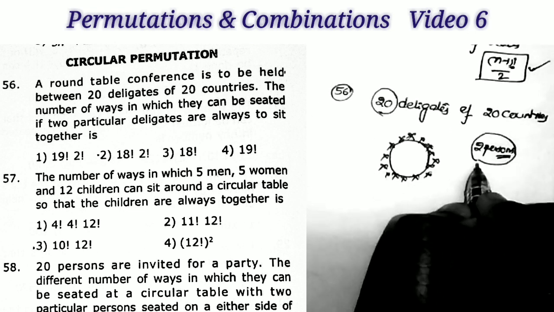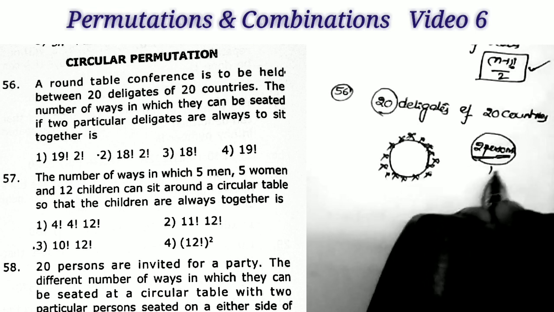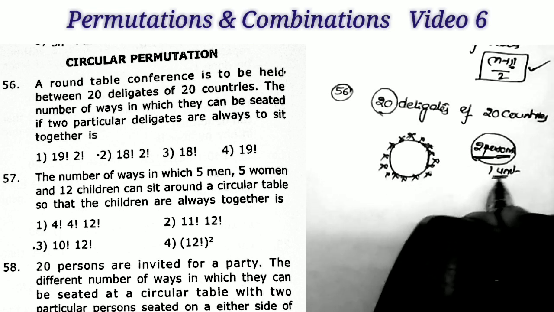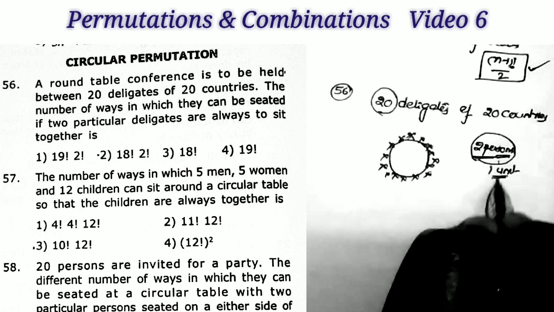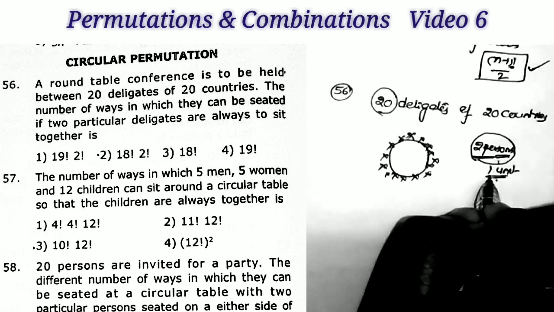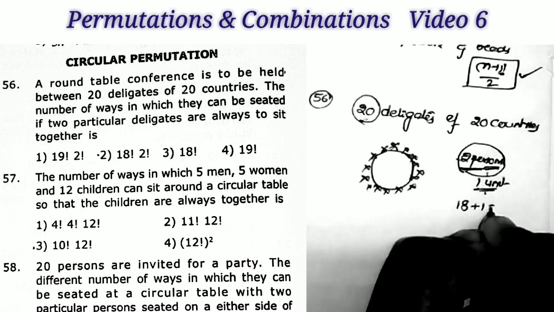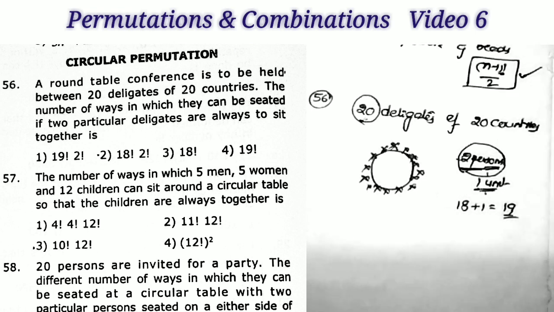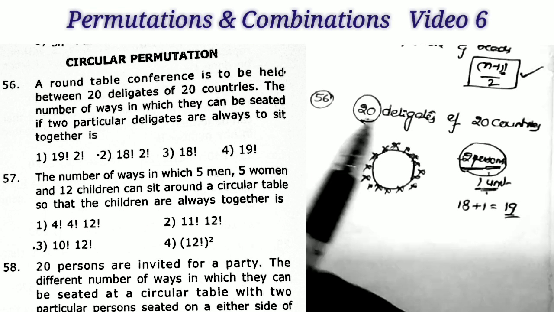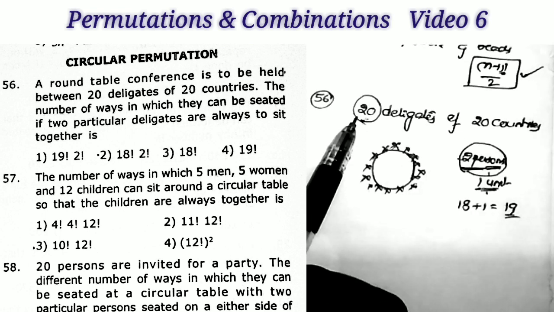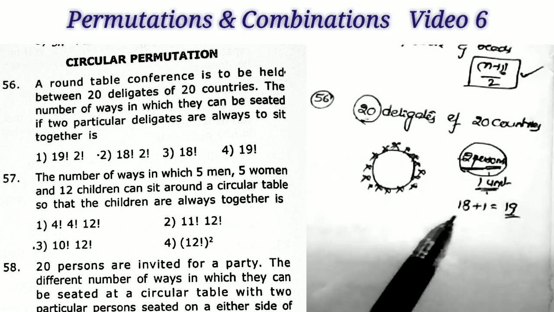That is, we treat the two persons as one unit. Now remaining persons is equal to 18 and this one unit, total is equal to 19. After removing the two persons, 18 members are left. 18 plus 1 unit is equal to 19.